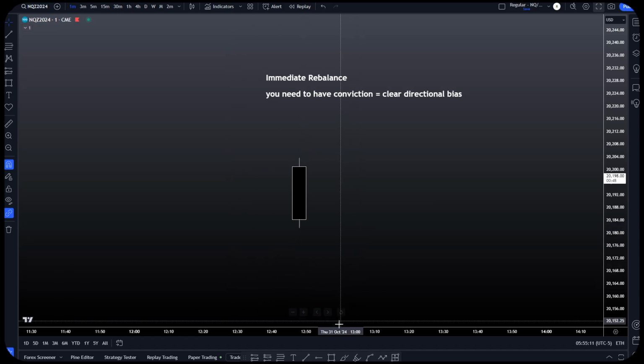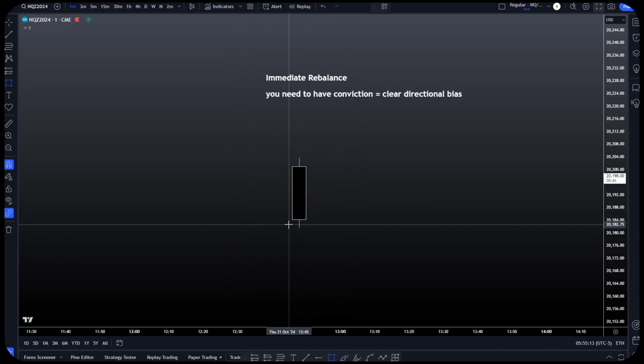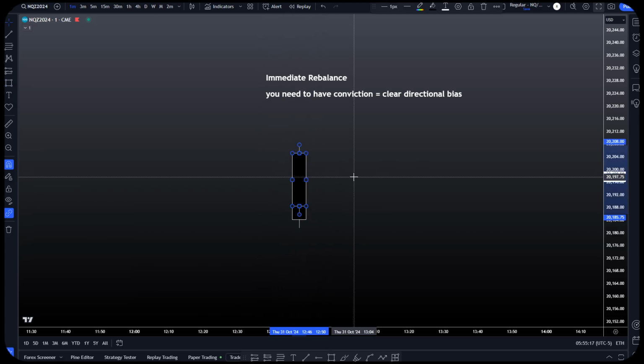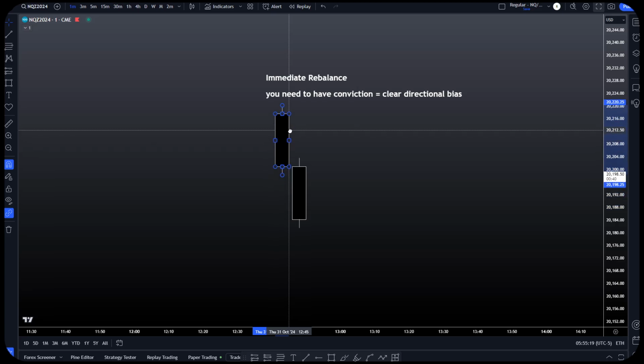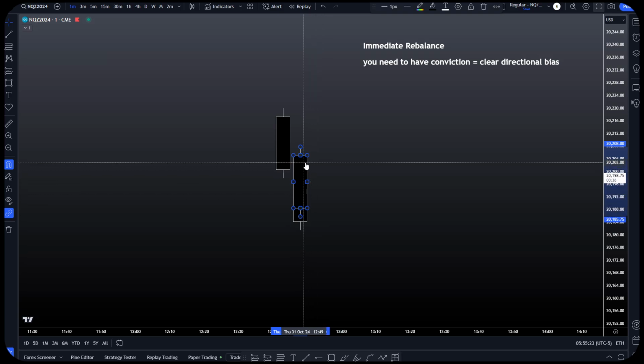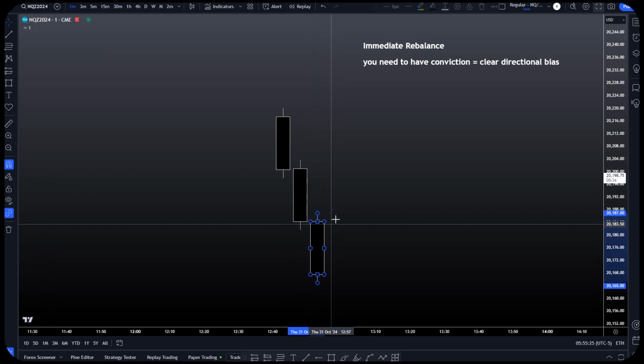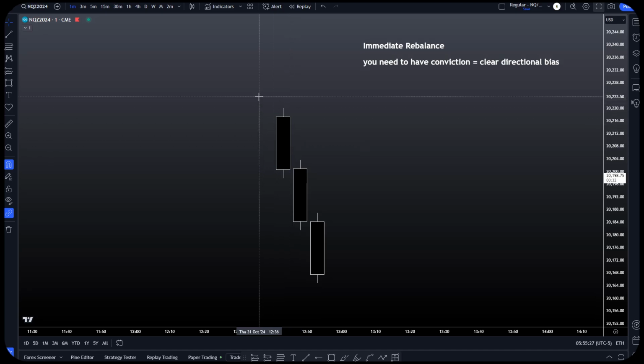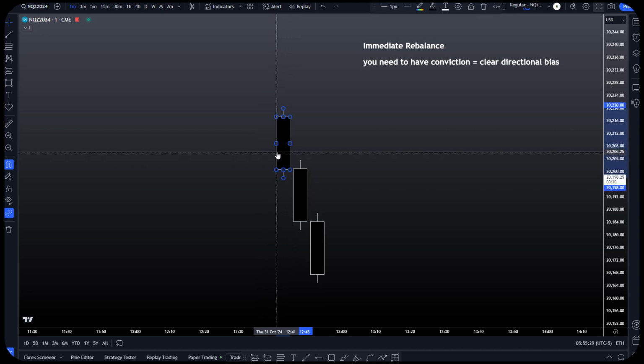So basically in a fair value gap, we get a three candle pattern where we have something like this. These are all down close candles. Everyone knows what a fair value gap is.